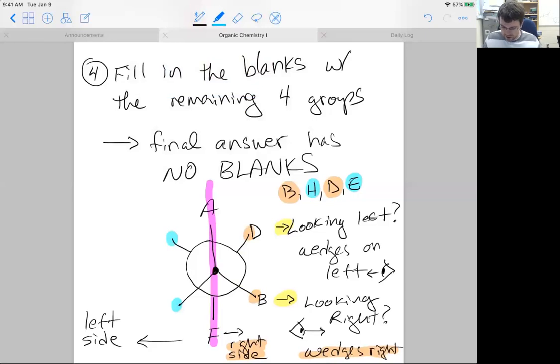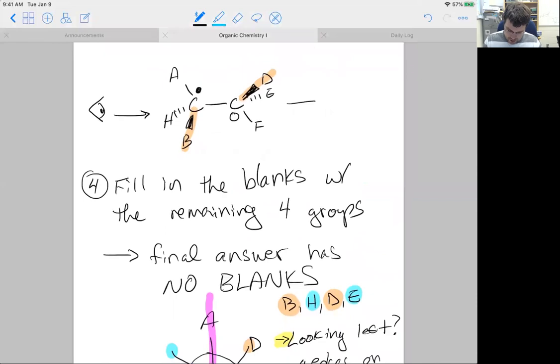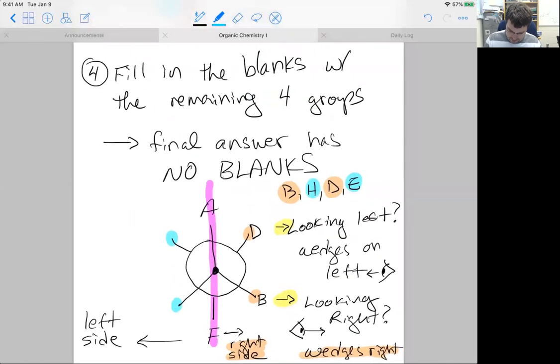And my dashes were the H and the E, where if we look up at our drawing here, we see that H is connected to the dot and E is connected to the circle. So H is going to be attached to that position where the line extends all the way into the dot.